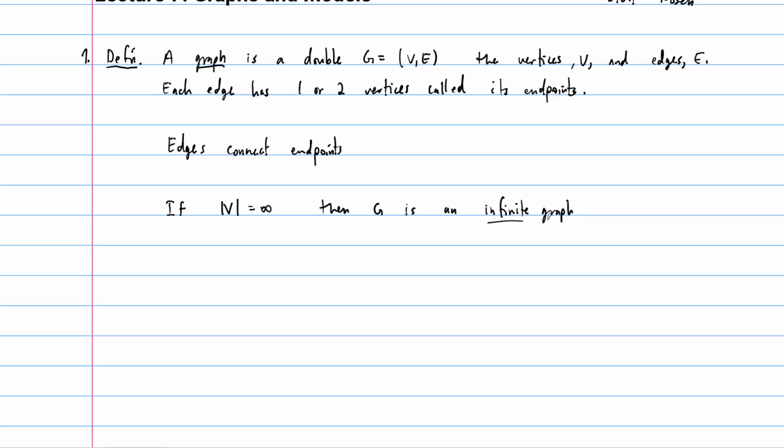All right. So an infinite graph has infinitely many vertices. So when we say an infinite graph, that's what we're referring to, the number of vertices. And then obviously, likewise, I'll just write this down, but this is what I just said. If the cardinality of the vertex set is less than infinity, then G is a finite graph, which makes sense, right? That's what it should be, because that means the cardinality of the vertex set is finite.